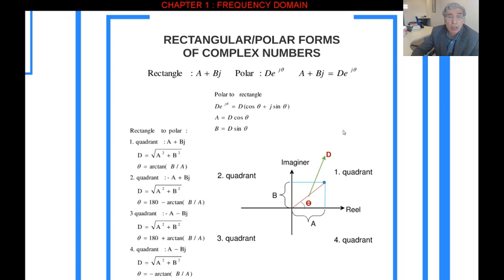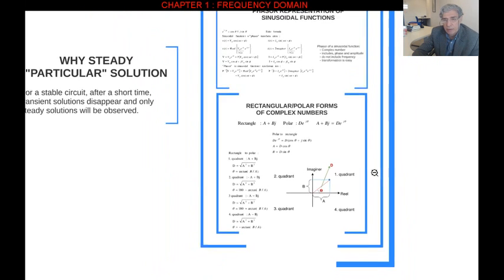If it is in the third quadrant, you are going to add plus pi here. So pi plus theta gives you this third quadrant complex number's polar coordinate angle. You have to do some practice. There are many examples in the book, so you can do that on your own.